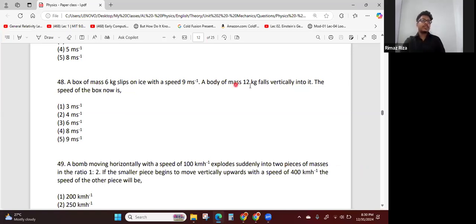Okay. A body of mass 12 kilograms falls vertically into it. The speed of the box now? That is also a very easy question. It will take maximum 5 seconds. Anyone got the answer?